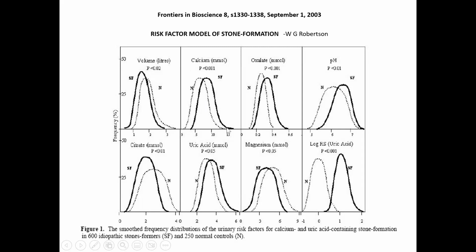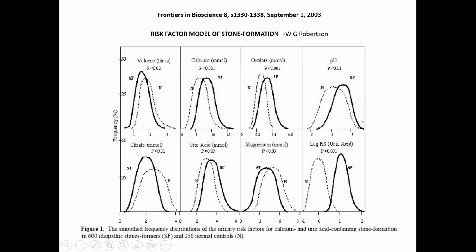So a high concentration of calcium oxalate and uric acid increases the risk of stone formation. Citrate and magnesium are inhibitory factors. Because of that, a low concentration of citrate and magnesium increases the risk of stone formation.